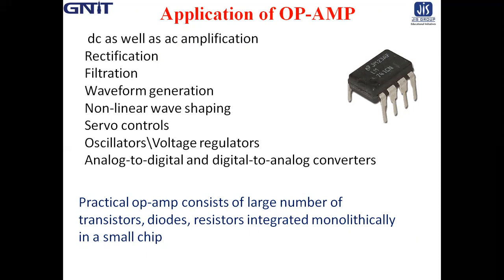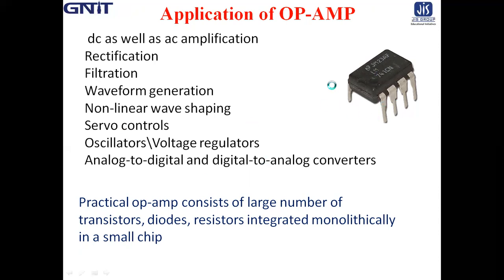The advantage of op-amp is that negative feedback can be applied, and I will show you this, and it is provided by feedback elements independent of the characteristics of the transistors and other elements constituting the op-amp.